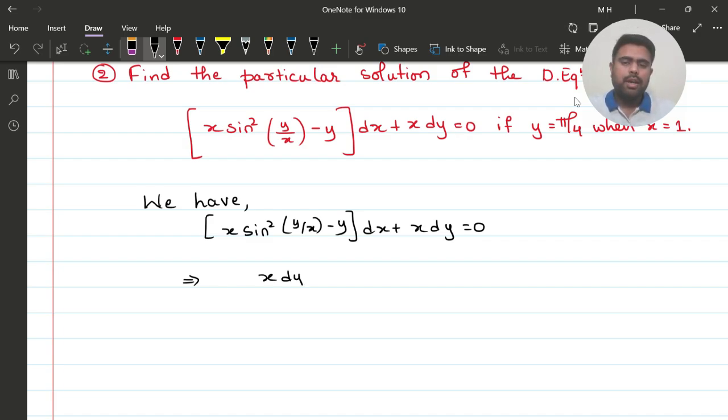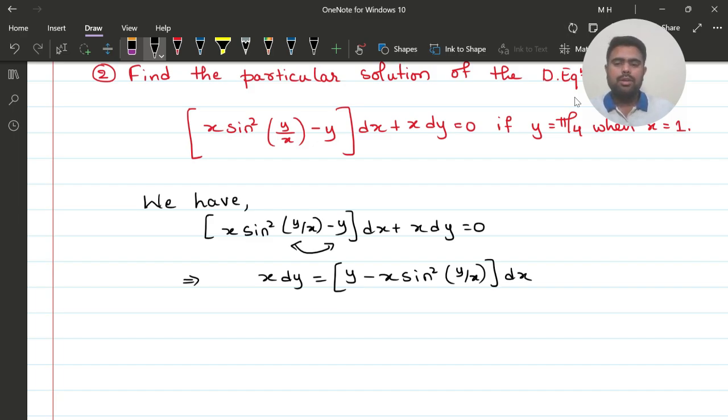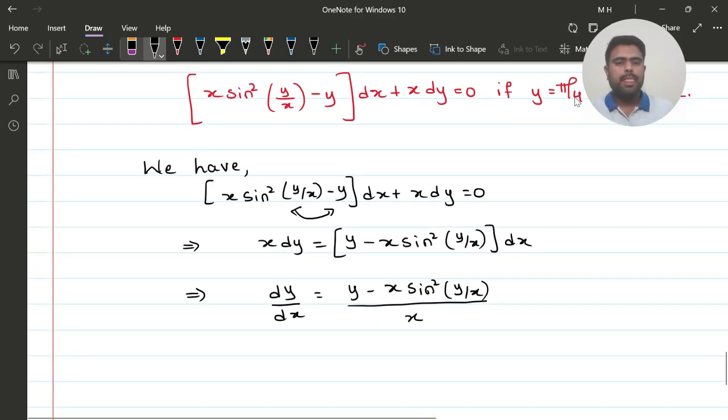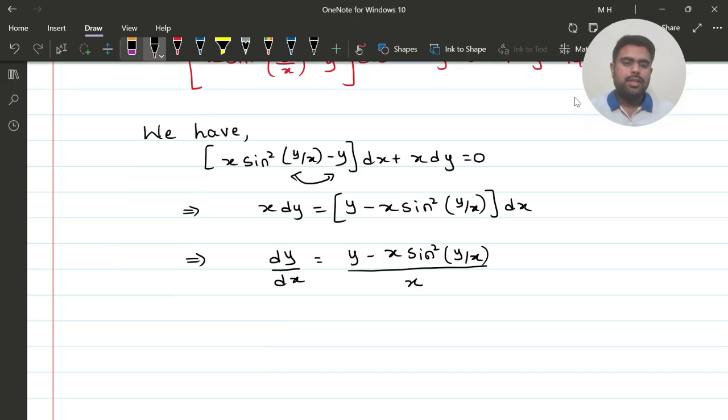I keep x dy here and take this term to the other side. I will get y minus x sin square y by x, into dx. So bringing dx to this side and x to the other side, I will get dy by dx equal to y minus x sin square of y by x, whole divided by x. This is the differential equation that I have.